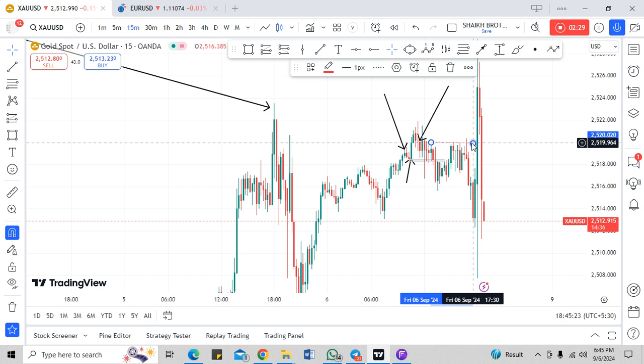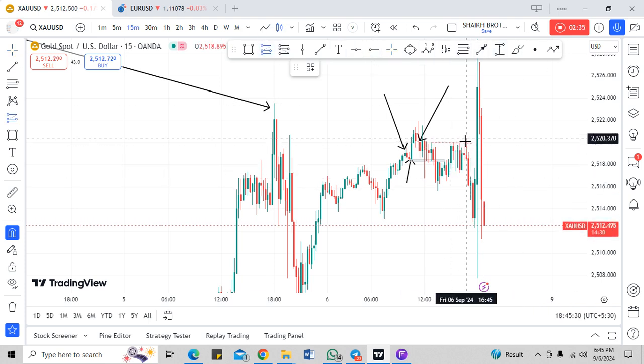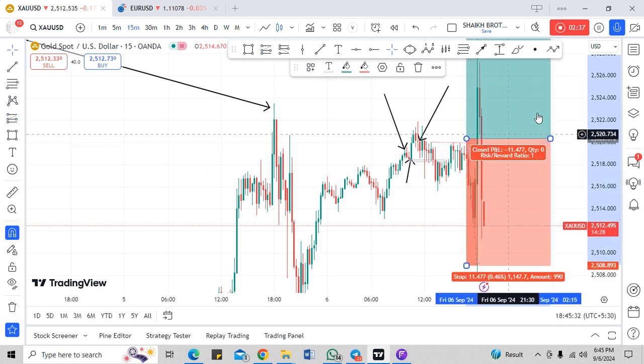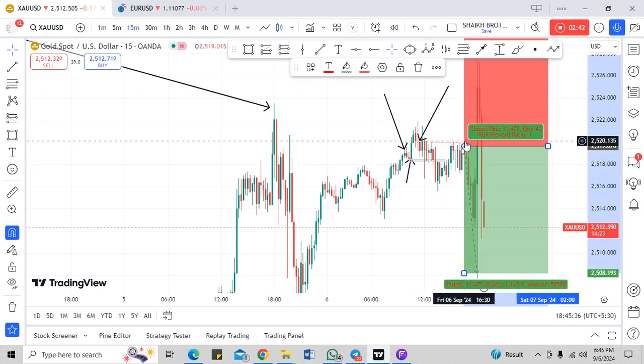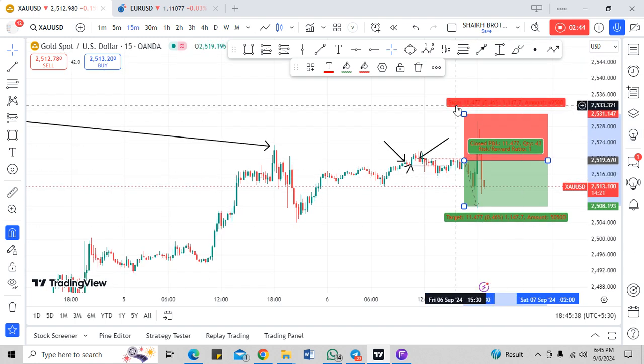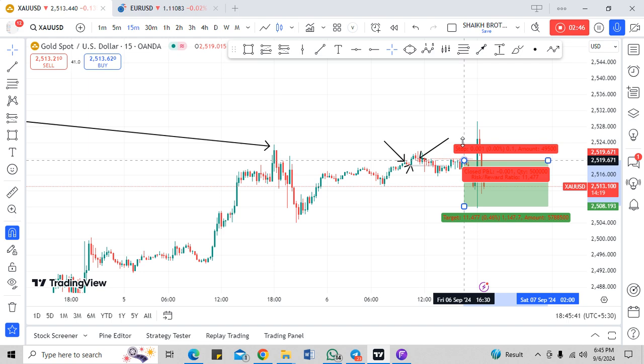My pending was 2520. Stop loss is standard, that is 30 pips.